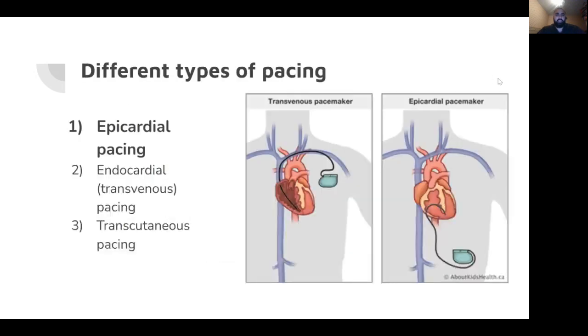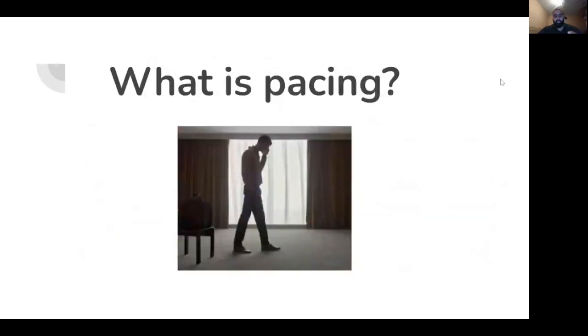When we talk about pacing, it's two processes taking place essentially simultaneously. On the one hand, you have the continuous measurement of the cardiac rhythm, and then the second function of pacing is to intervene and amend the heart rate according to the inputs that we put into the pacing device.